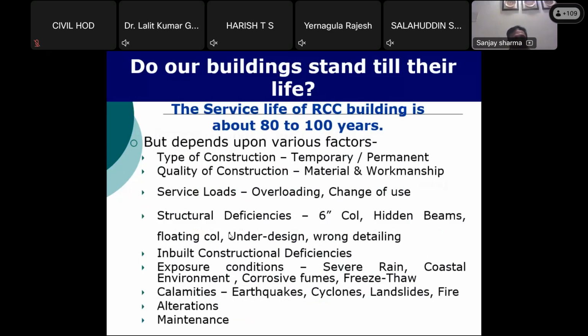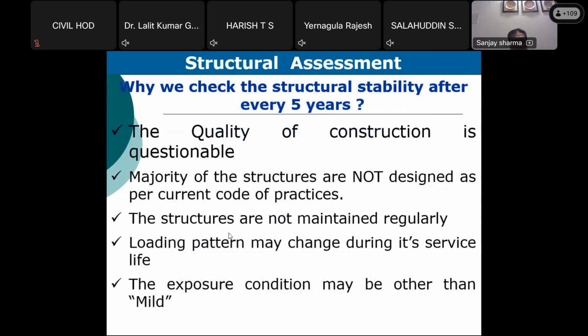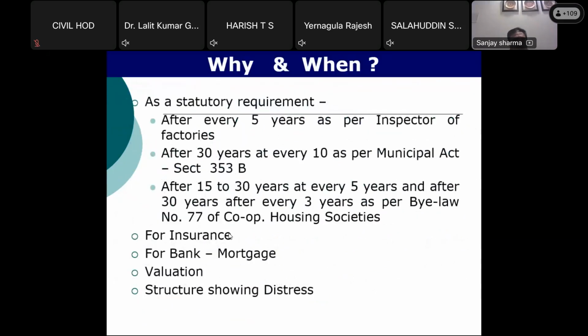We identify the issues and see what is happening to this particular structure. Nowadays I think it is becoming mandatory to get a stability certificate for the building.